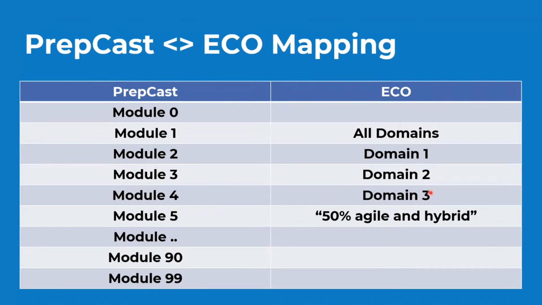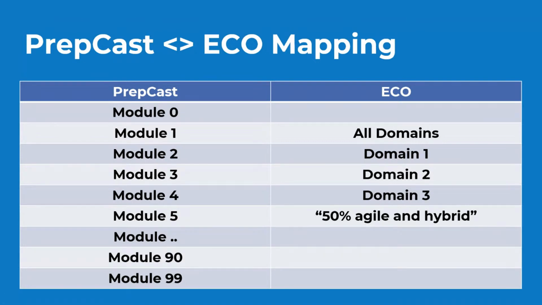We tried to make these equal, like Module 1 is domain 1, but we couldn't. We had to put the fundamentals here as Module 1 and do it this way. And then Module 5, by the way, doesn't map to any of the domains. It maps to the statement in the ECO that says the exam will consist of 50% agile and hybrid questions, because Module 5 is our agile module.